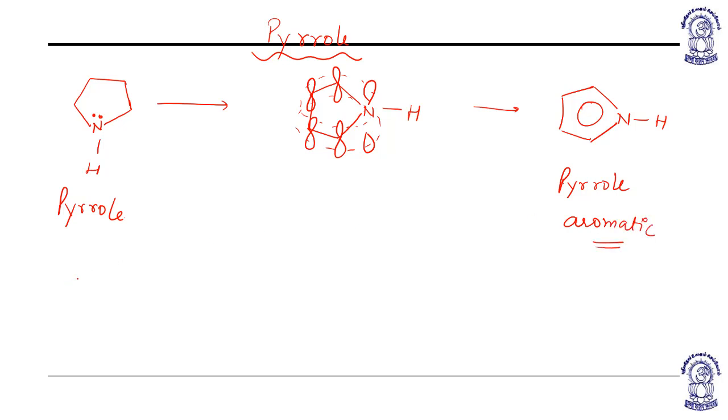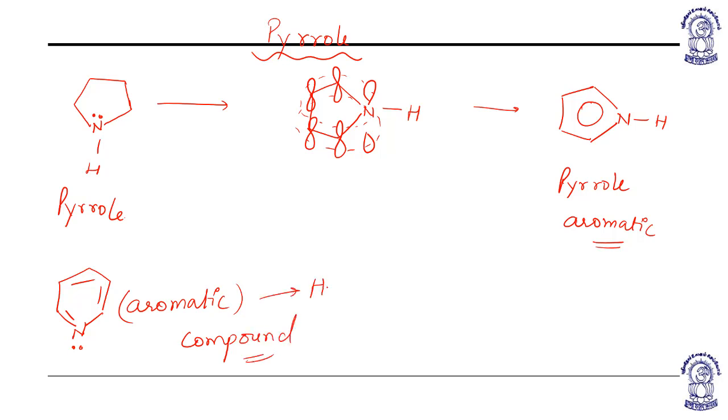In the same category, pyridine also comes, which is also an aromatic compound, as it's a heterocyclic ring. So these were the applications of Huckel's rule in explaining the stability of all these compounds.